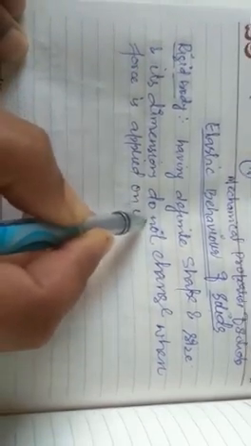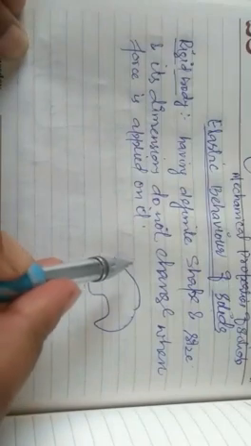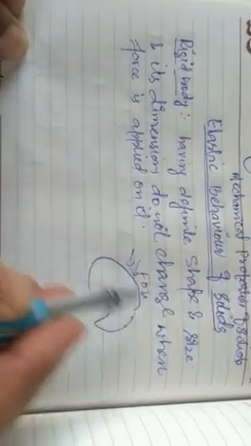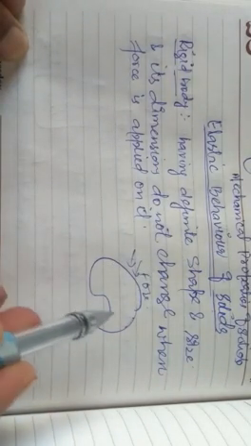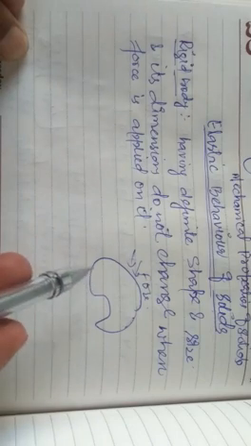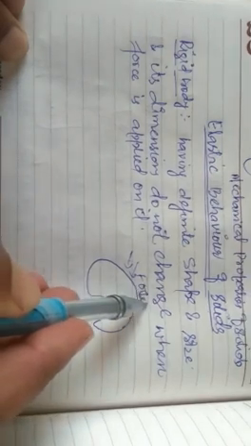So if you have a body like this and you apply force on it, and because of that force there is no change in size, shape, length or volume, then you will say this body is a rigid body.